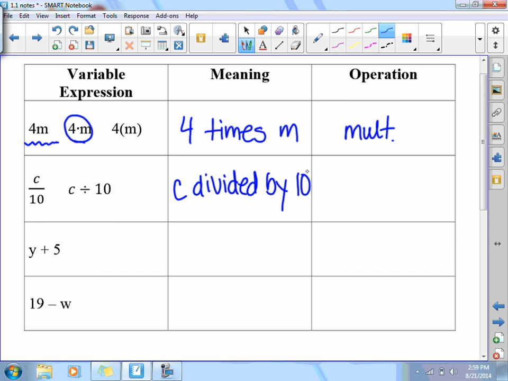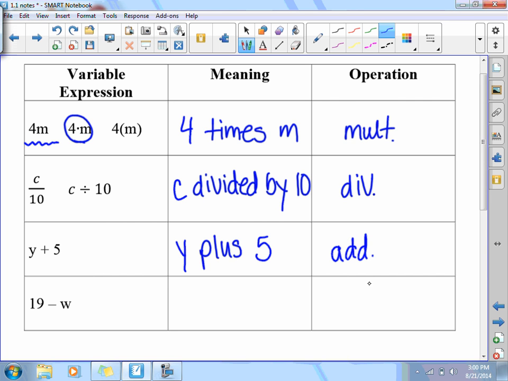So the operation that is going on here is division. Now our last 2 expressions are fairly straightforward. We have y and then a plus sign and then 5. So that means pretty much what it says, y plus 5. So the operation that's being performed here is addition.